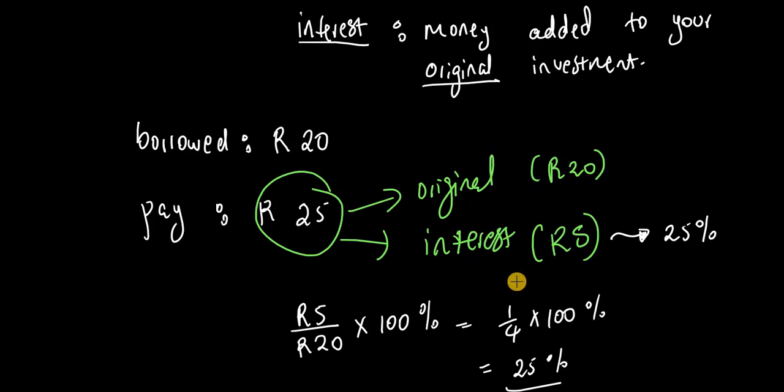So interest can be described in terms of rands, and it can be described in terms of percentage. In most cases, in all the questions you're going to be dealing with, the interest is going to be given in terms of percentage. If they tell you that it was 2% simple interest, 3%, 5%, you should understand that it is money just expressed in the form of percentage.